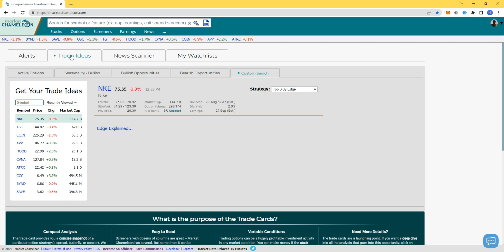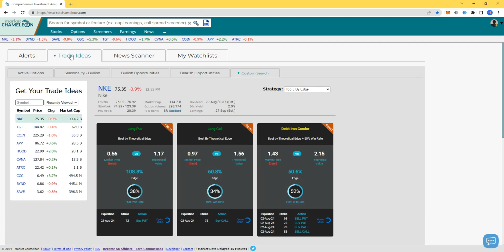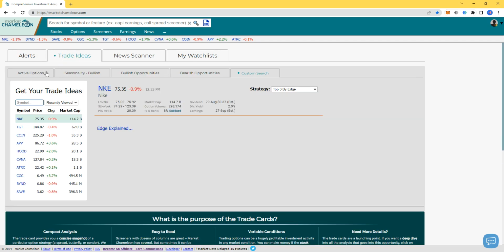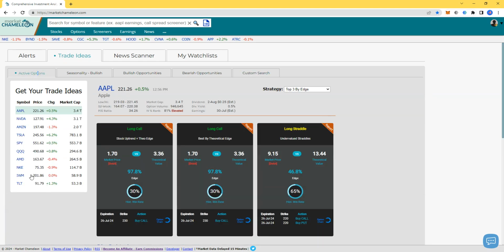So click on trade ideas right here, okay? And in here, in trade ideas, we got the active options, everything that's going on. You see, this was the trade from a few days ago. Nike, just FYI, 75.33. It was the sell the call 75 and buy the call 77.